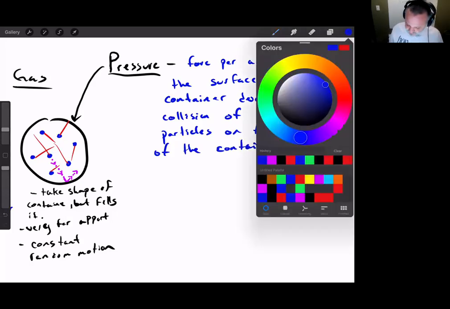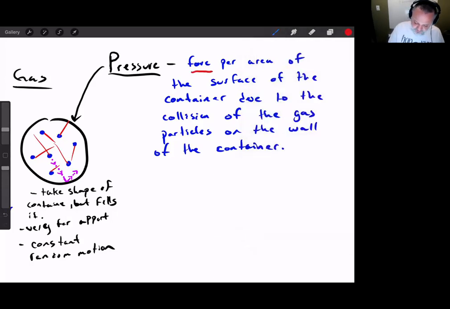But at the end of the day, a very specific definition that you can take even over to the physics class is that pressure is the force per unit area. So if I have this gas particle collide with the wall of the container, there is a force that little piece of area exhibits on the side of the container.